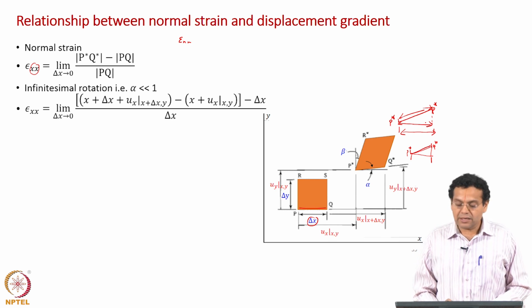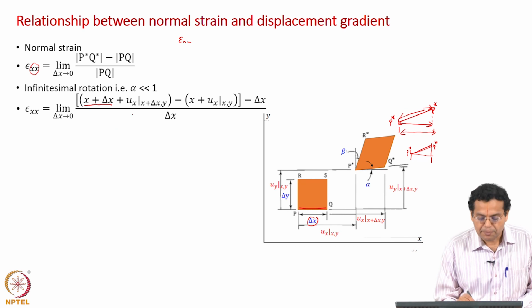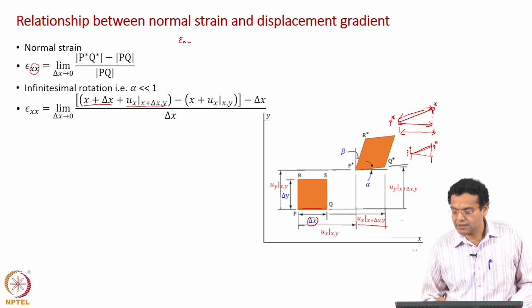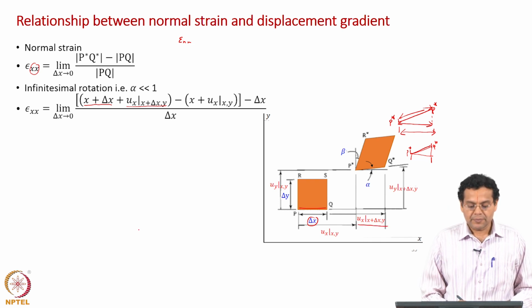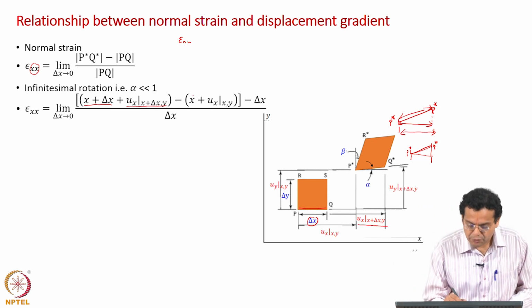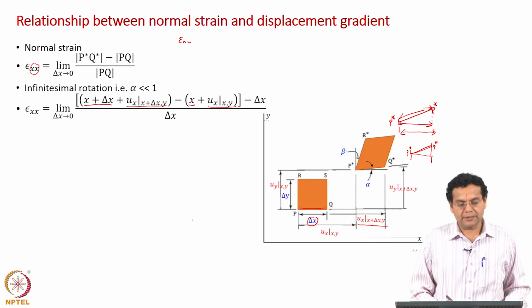What is the x coordinate of Q star? The original x coordinate plus the displacement of Q star, which I have already seen as u x evaluated at x plus delta x comma y. What is the x coordinate of P star? Its original x coordinate plus the displacement of point P, which is u x evaluated at x comma y.